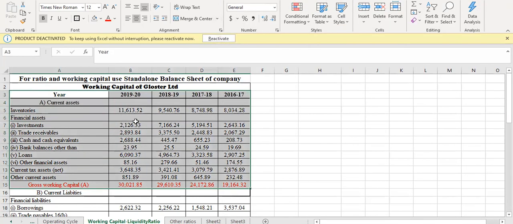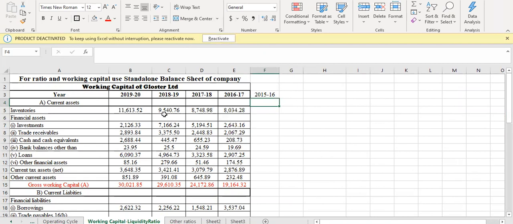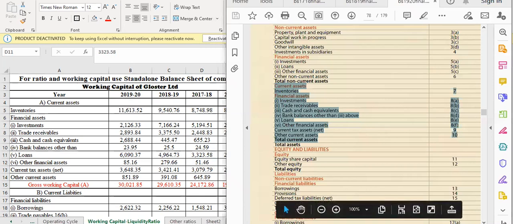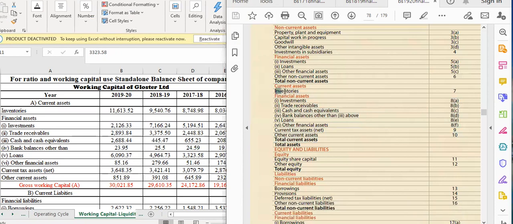prepare a format. Year, then 5 years, you will have 5 years of data, correct? You will have 2015-16 also, correct? I have 4 years of data, that's why I am calculating 4 years. First of all, copy the titles of the balance sheet which are given in your company's balance sheet.